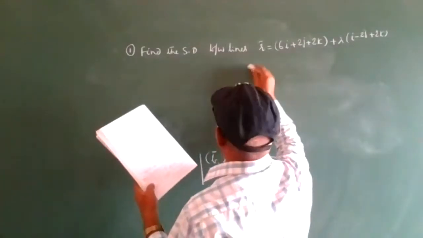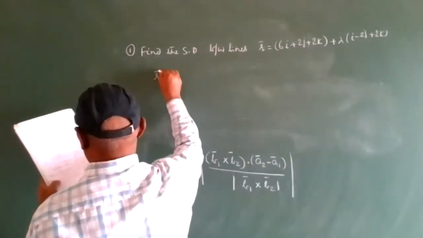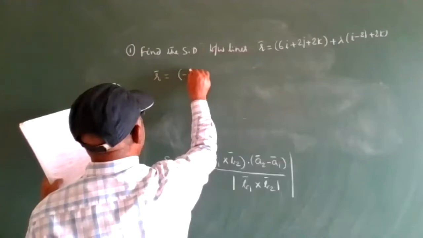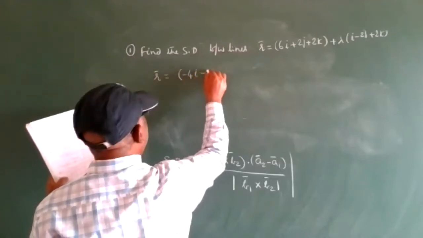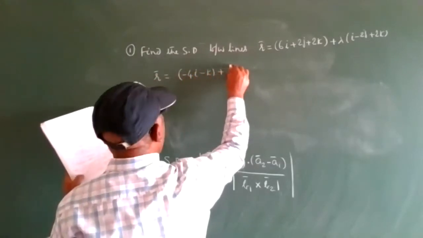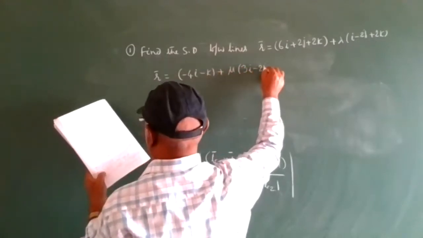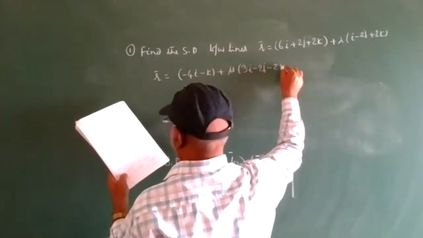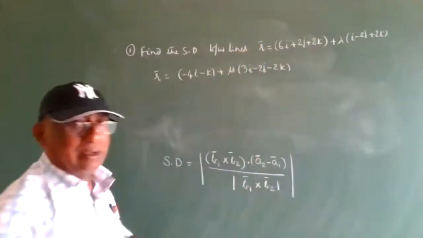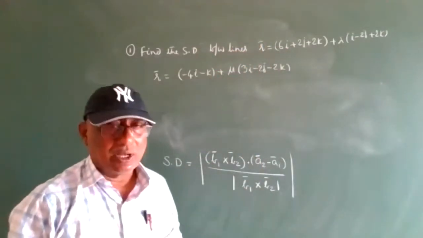Another line equation is R bar equals minus 4i minus k plus mu into (3i minus 2j minus 2k). Vector line equations are given.